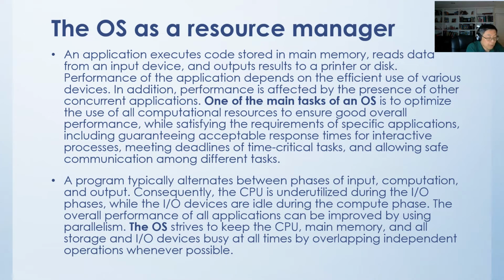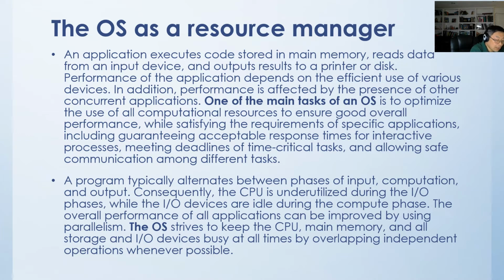Now, in the previous slide, we just mentioned that from user point of view, an operating system can be viewed as an extended machine. Now, many times, the operating system can also be viewed as a resource manager. Now, why is that?